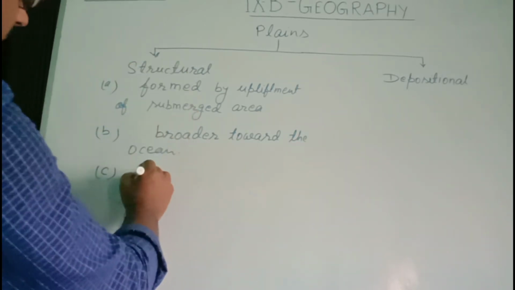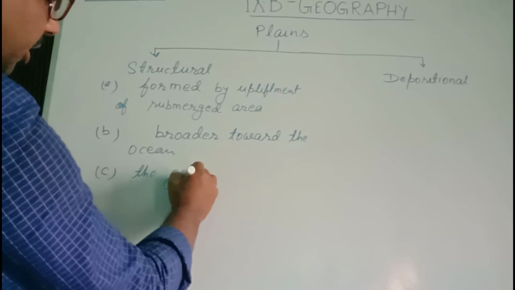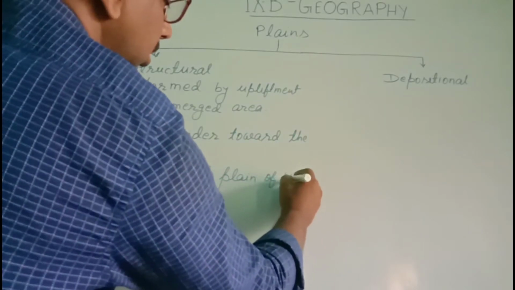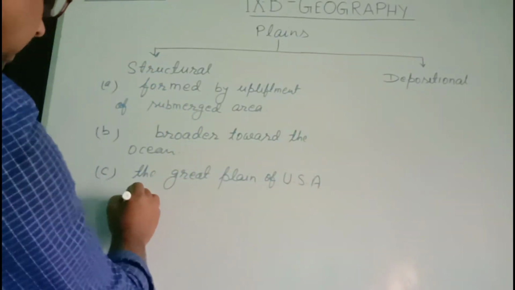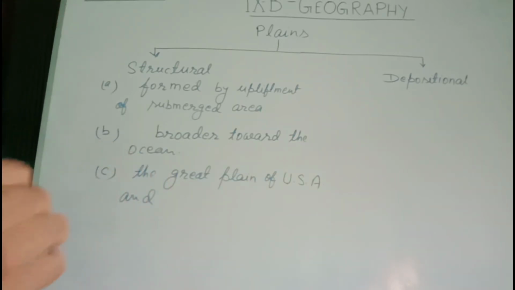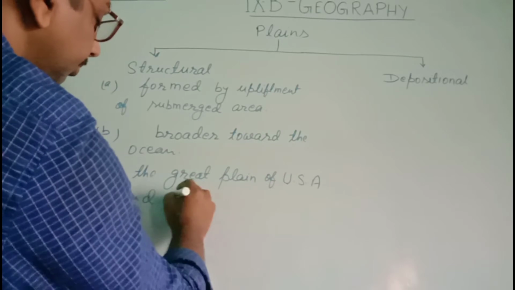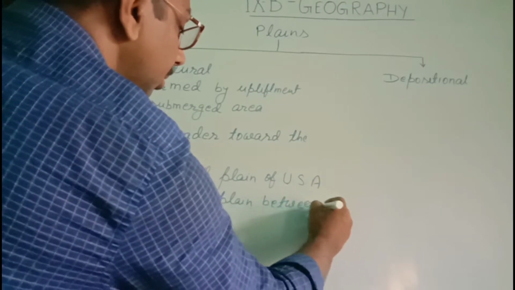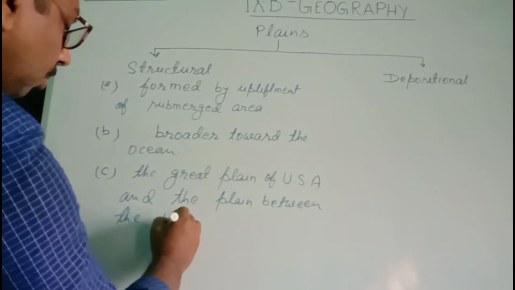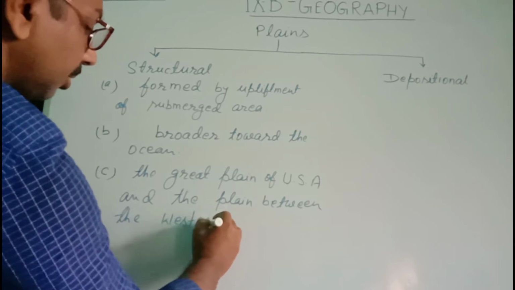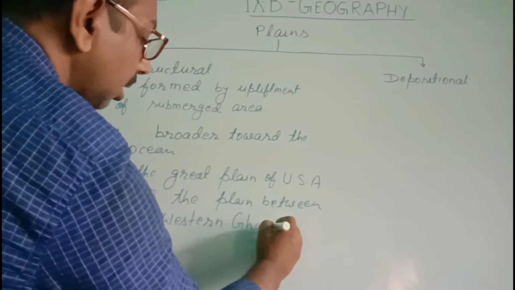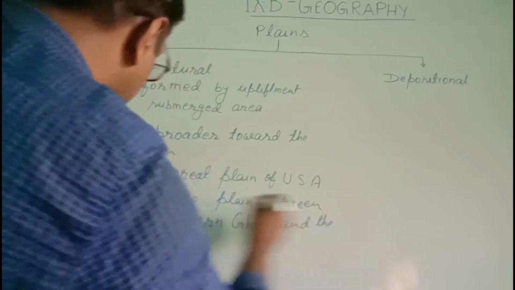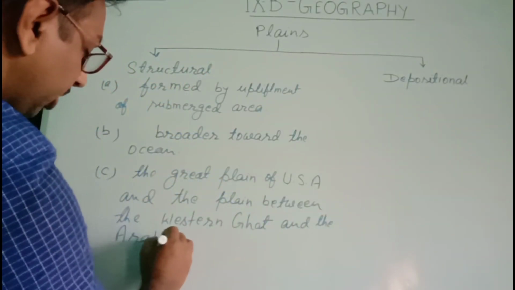Examples are the Great Plain of USA and the plain between the Western Ghat and the Arabian Sea.